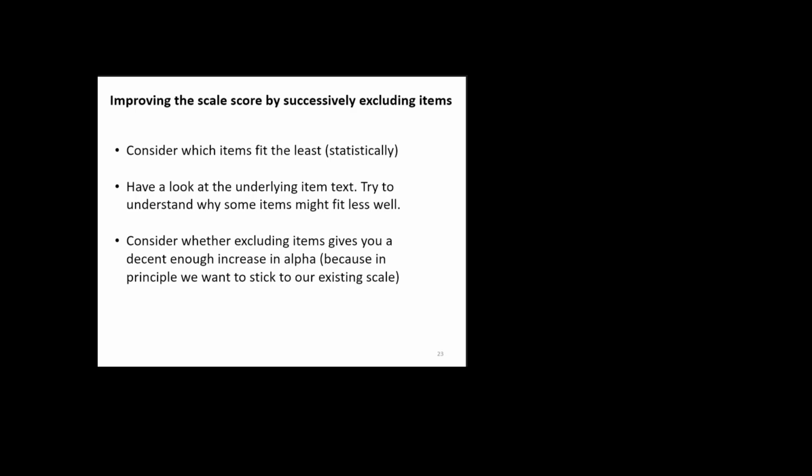And also, if the difference is not that big by deleting that item, then, because in principle, if you're referring to an existing scale, we want to keep that existing scale. So if the difference in alpha is not that big, you might consider not deleting that item.